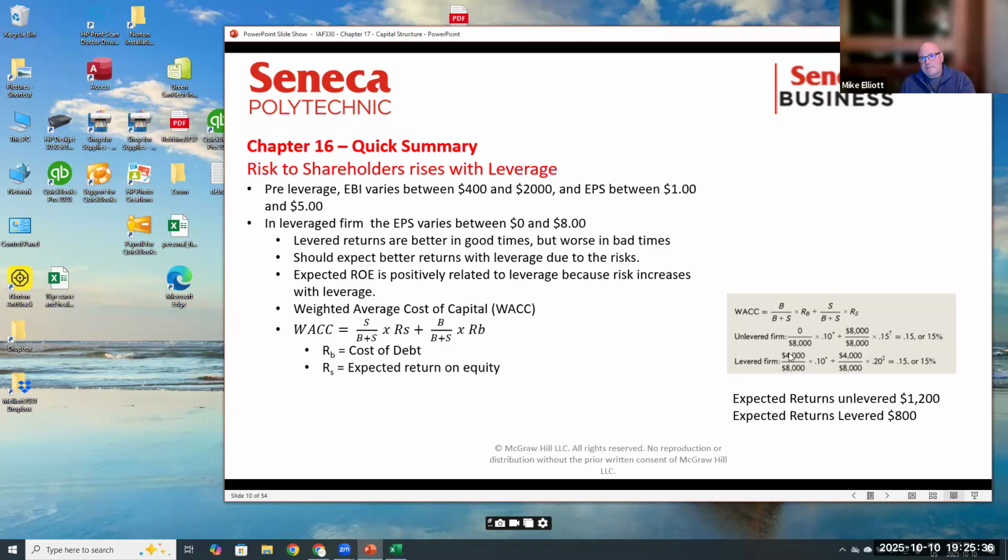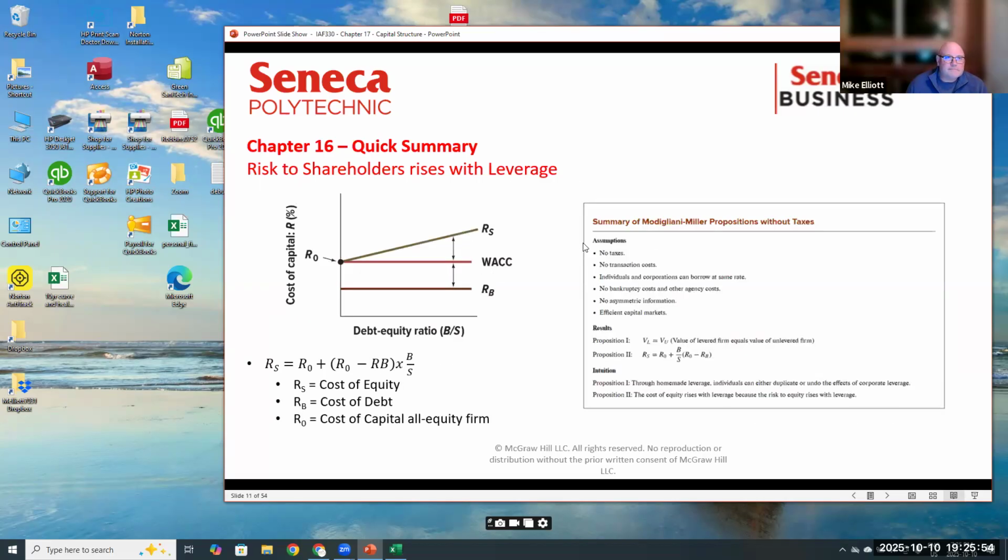In each case, we can see that the unlevered firm is around 15%. The levered firm is also around 15%. The value of the firm has not changed. In fact, what we look at is we have a weighted average cost of capital, which is a combination of our cost of equity and our cost of debt compared to an all equity firm.